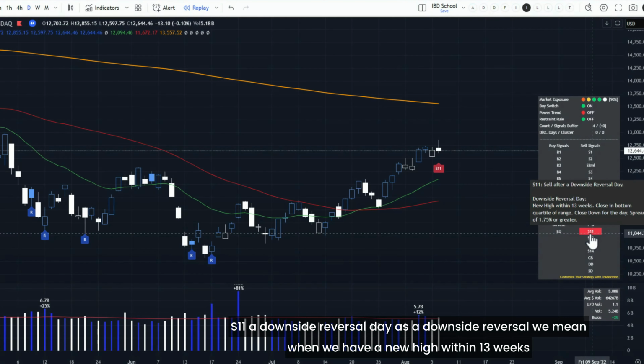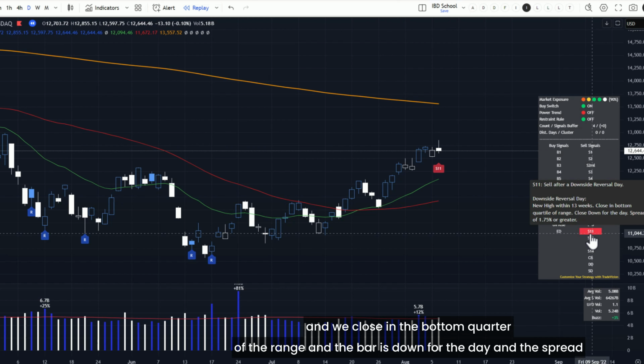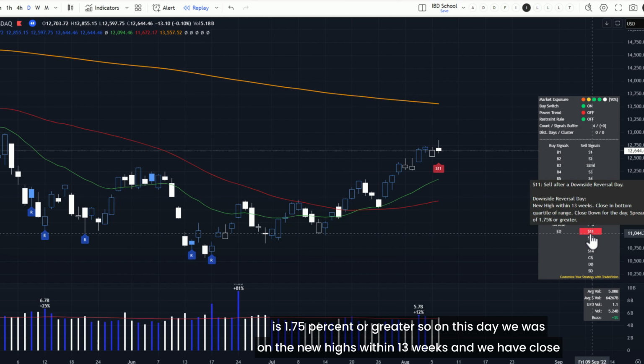S11, a downside reversal day. By downside reversal, we mean when we have a new high within 13 weeks and we close in the bottom quarter of the range, and the bar is down for the day and the spread is 1.75% or greater.